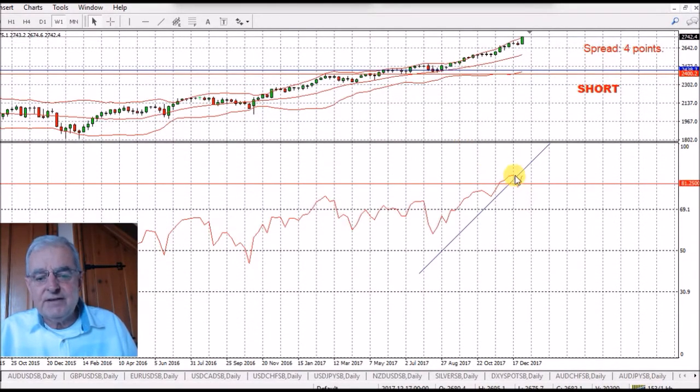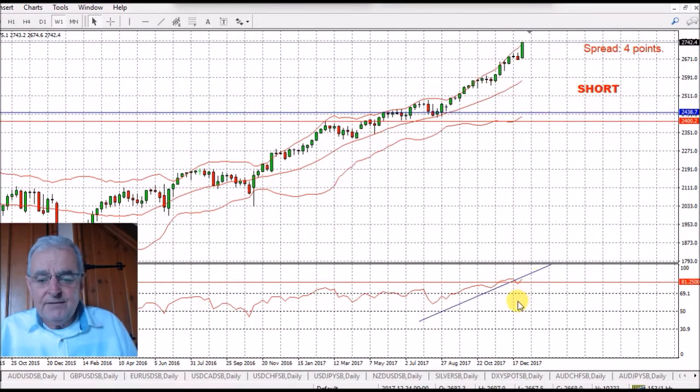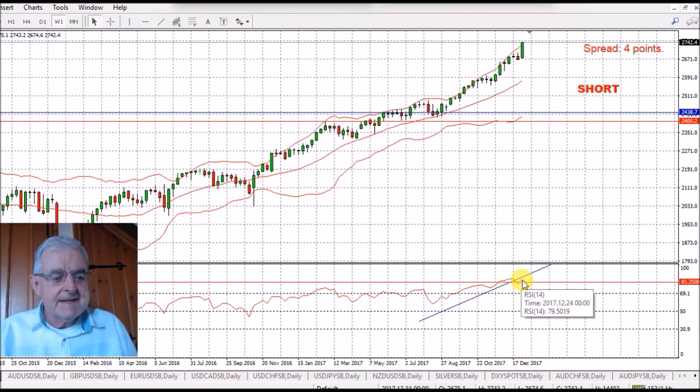It went through at a nice steep angle, through the trend line that I put on the RSI. We have actually come down under the resistance, and we've bounced back up, but we've had this massive candle up, but we haven't actually made a higher high on the RSI. So that shows a little bit of bearish sentiment.